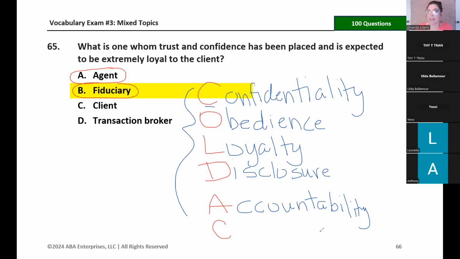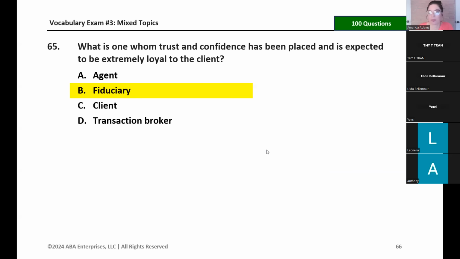So if somebody gives us a copy of a check or a copy of their driver's license, we need to protect that. And what is the last one? C is for care. We have to exercise reasonable skill and care. We have to take care of them. Okay. Very good. Good job, guys. Those are your fiduciary responsibilities to your client. Excellent work.